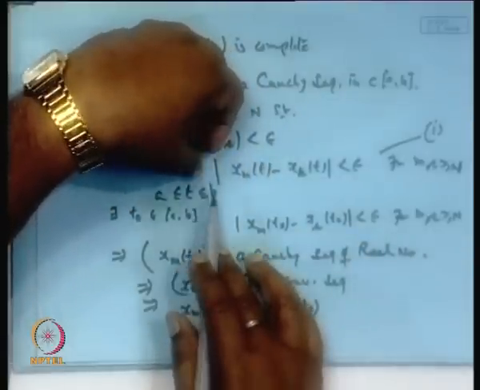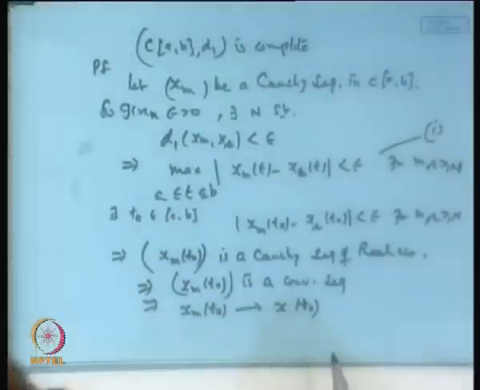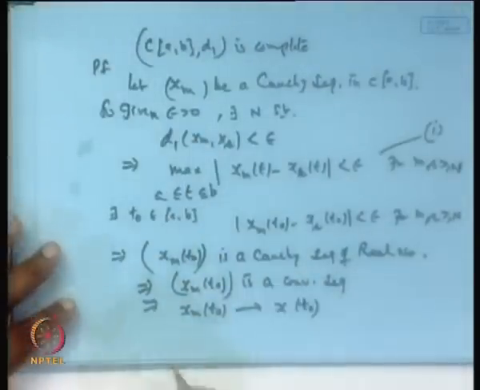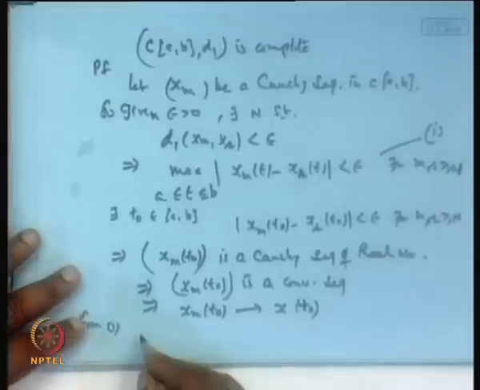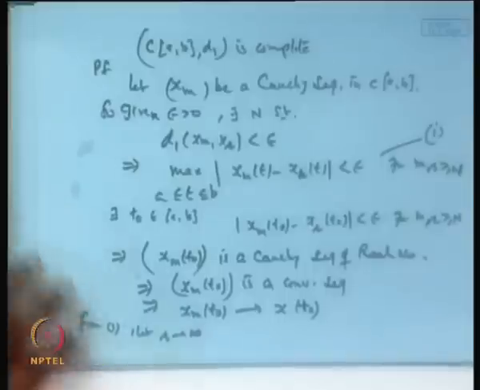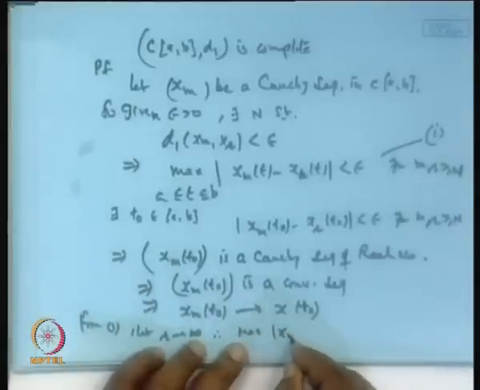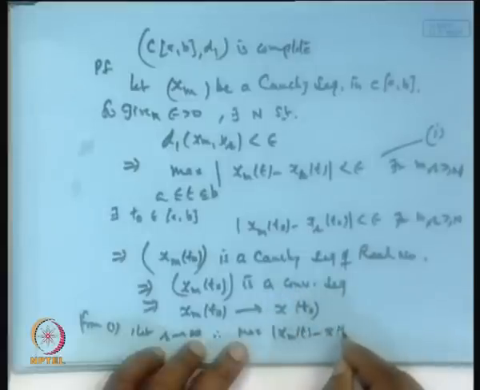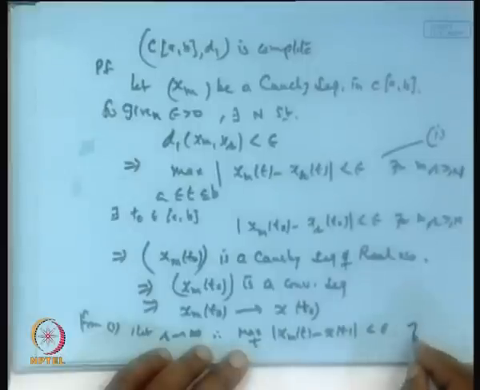So, from here, letting r tend to infinity, we get the maximum of |x_m(t) - x(t)| is less than epsilon for m greater than or equal to n.